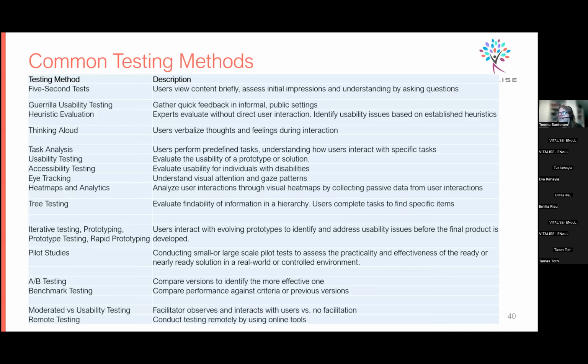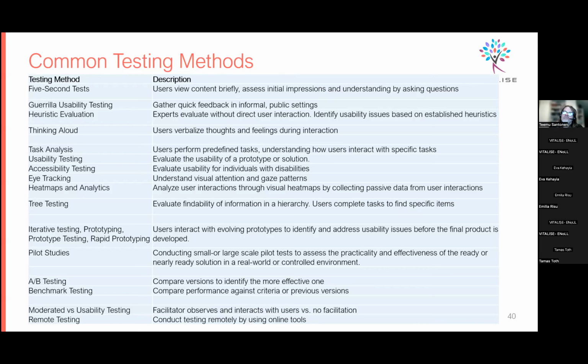In many cases, for example the stuff that Eva was showing, they were using eye tracking for that. Or if you are using online solutions, you use heat maps and analytics where you are collecting passive data from the users, or tree testing, when you are evaluating the findability of the information.